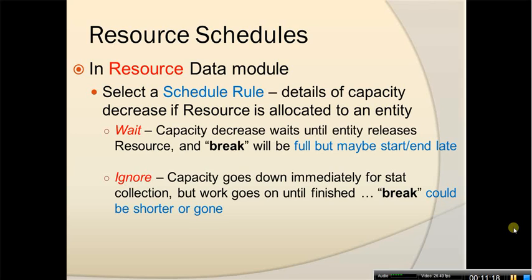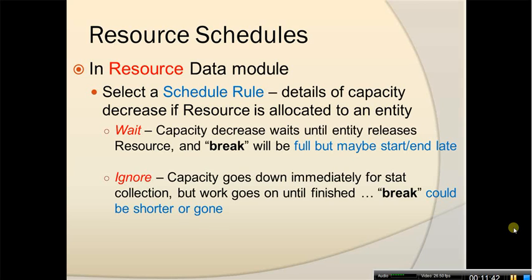It will count all the time as a break, and so it will reduce the break, maybe even not have the break at all. So it's important to realize, right, that capacity does go down immediately for statistical collection, but then the work still goes on until finished.